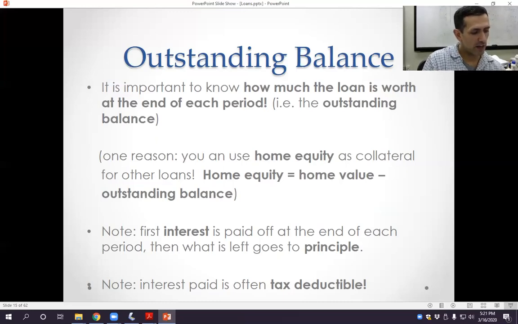As a matter of practicality, with the standard deduction so high, a lot of times it's not worthwhile to itemize your deductions, like interest, state and local taxes. But if it is worthwhile, you absolutely can. Even if it's not worthwhile, you can take interest paid as a tax deduction. So it's useful to know how much interest you pay at the end of each period.